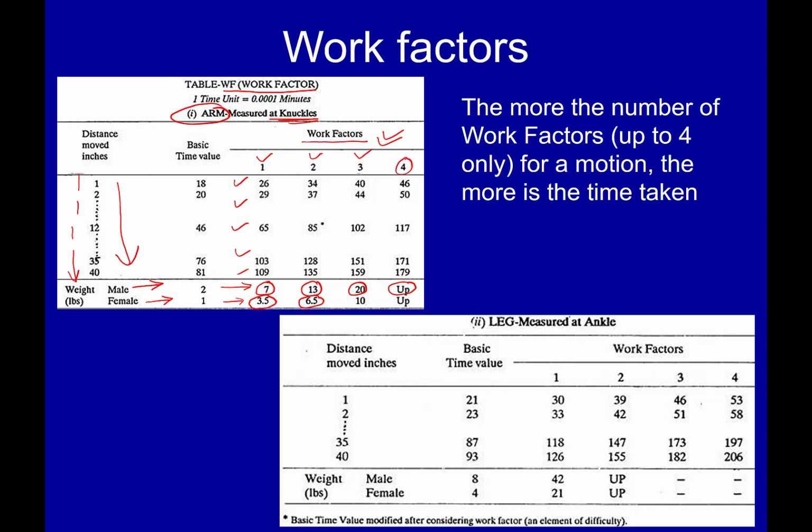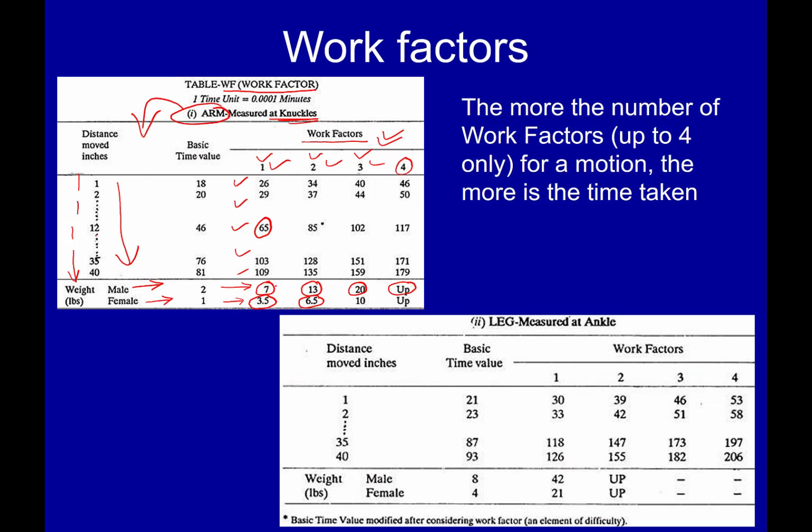So for the distance to be traveled by the arm, by a particular work factor as per the weight, we will get different time values. Say if the weight to be handled is 7 pounds and the distance to be traveled is 12 inches, the time taken will be 65 TMU, that is, 65 time units.